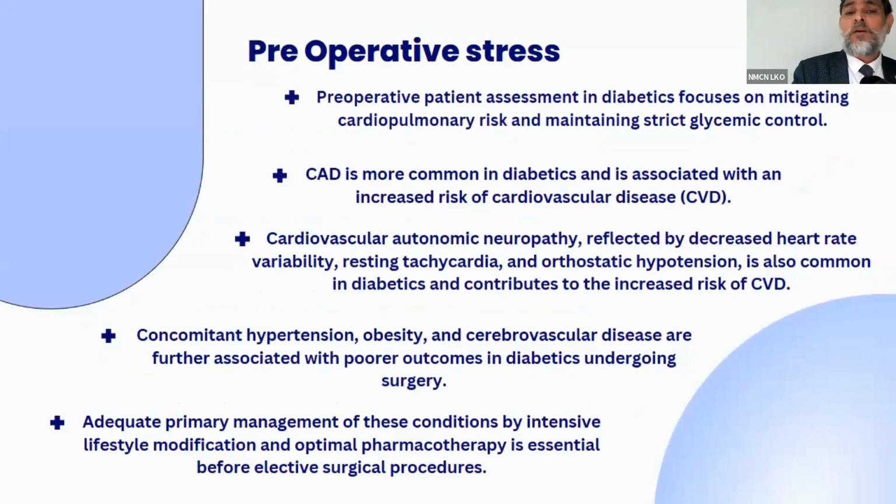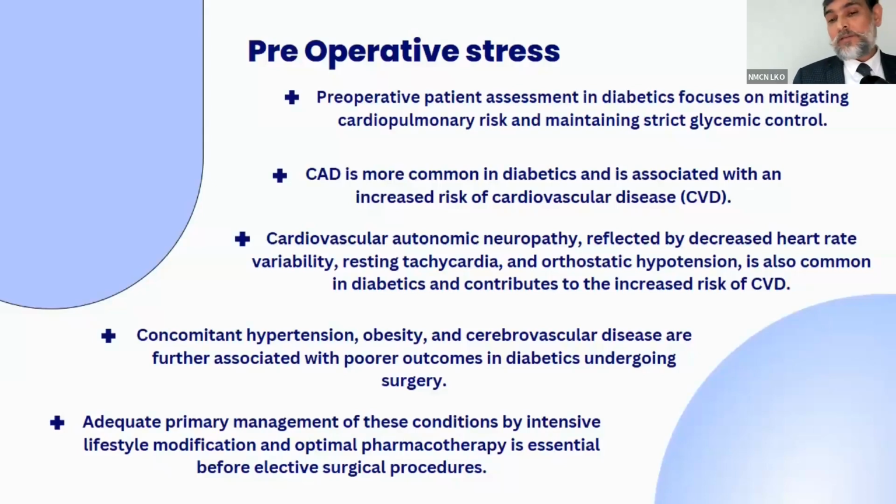Preoperative patient assessment in diabetics focuses on mitigating cardiopulmonary risk and maintaining strict glycemic control. CAD is more common in diabetics and is associated with increased risk of cardiovascular disease.